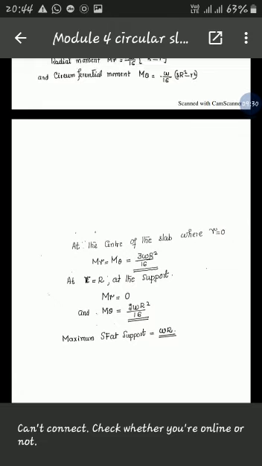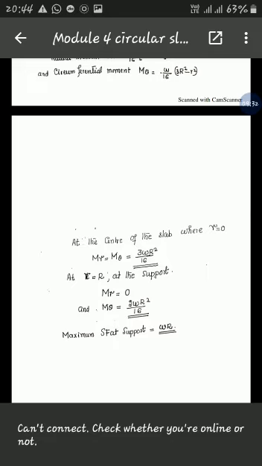And at the center of the circular slab, when small r equals 0, MR equals M theta equals 3W R square divided by 16, and at r equal to capital R, that is at the support of the circular slab, your MR will be equal to 0 and M theta will be equal to 2W capital R square divided by 16.